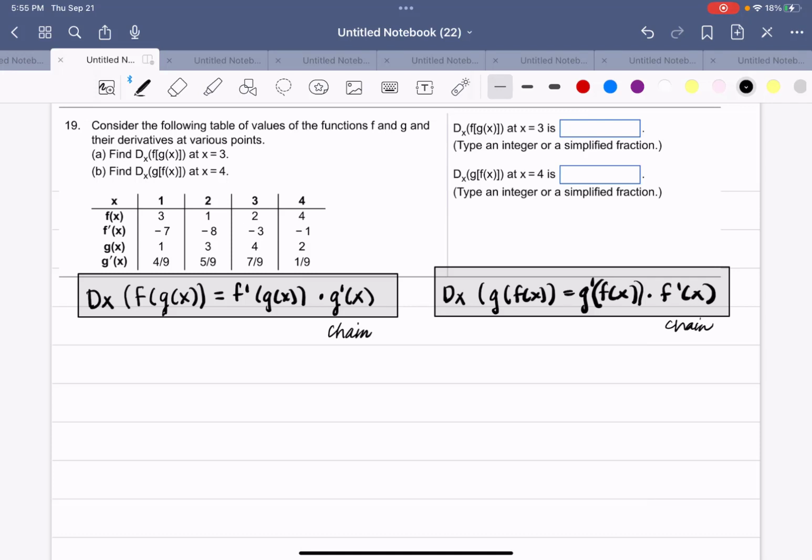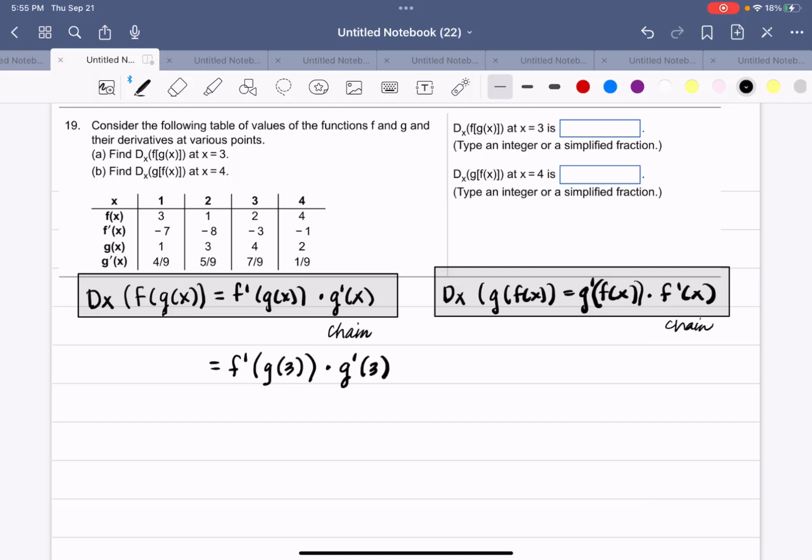In this case, we don't know the function, but we know some values. So to find our first derivative with respect to x, we're going to have to start on the inside. So it's going to be f prime of g of 3 times g prime of 3.